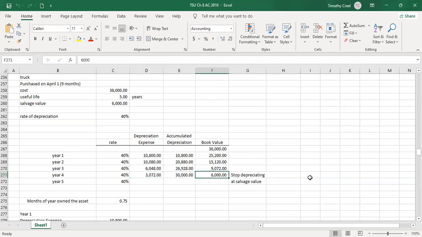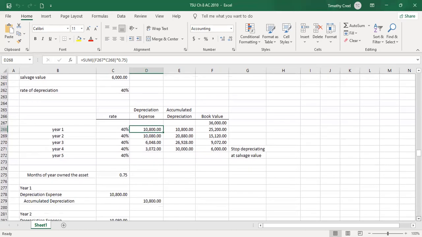And again, we stop at the salvage value. So the one difference is that if you're doing declining balance during the first year, if you didn't buy it in January, whatever portion of the year you're going to have to take out when you do your first depreciation calculation. So in this case, 75% of the year. So we would only record 75% of the depreciation for year 1 in this case.